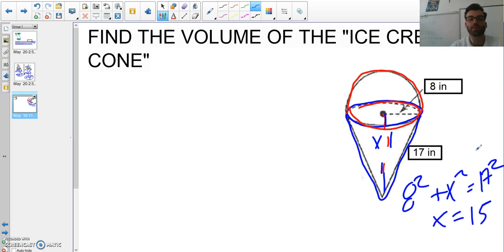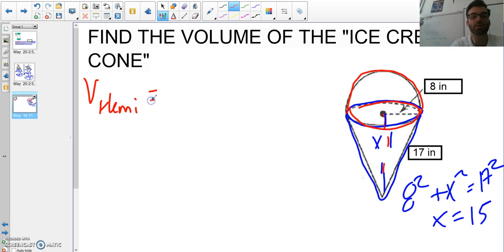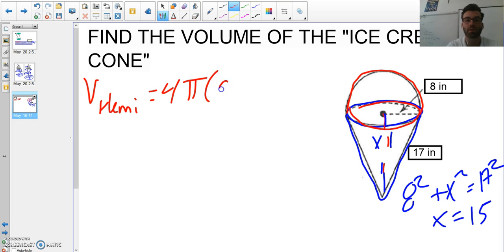All right. So let's try this. Let's go to the hemisphere. We're going to go with the hemisphere first. I'm going to call it volume of the hemi, for hemisphere. So to find a volume of a sphere, you do 4 pi r cubed all over 3, okay?